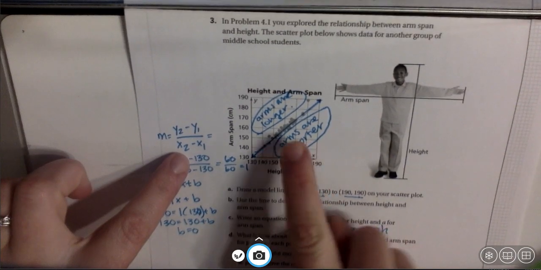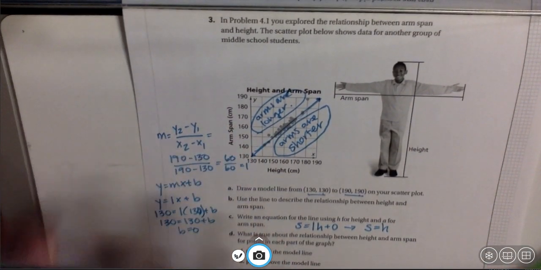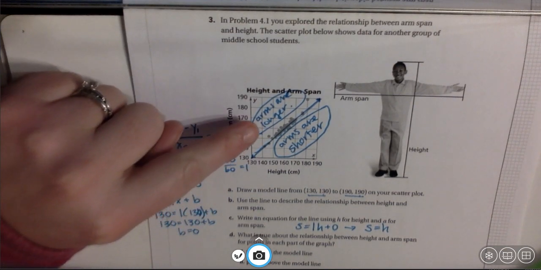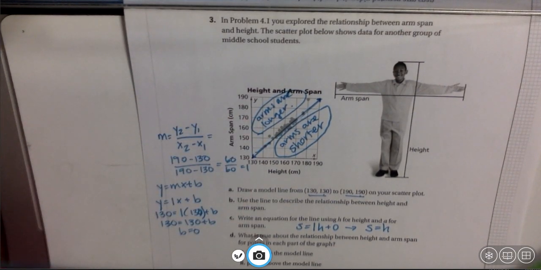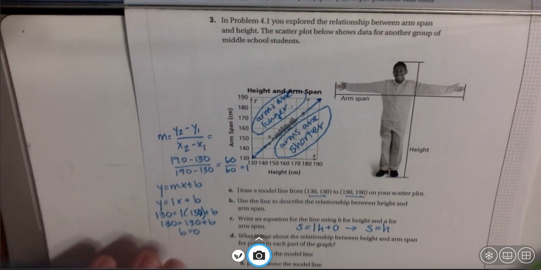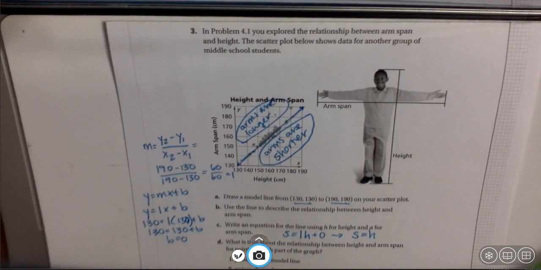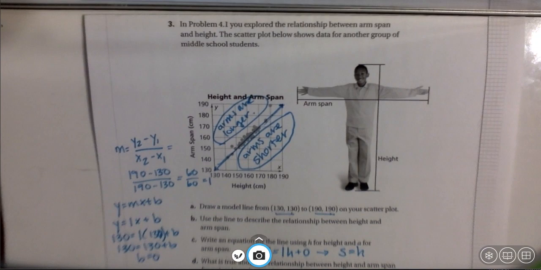So we have T-Rex people, perfect humans, perfect in terms of height versus arm span, I should put the caveat, and then people who have longer arms, which are our monkey people. A nice and fun way to look at some data, and at the same time we can also see that this trend line is maybe not the best trend line for this particular set of data.